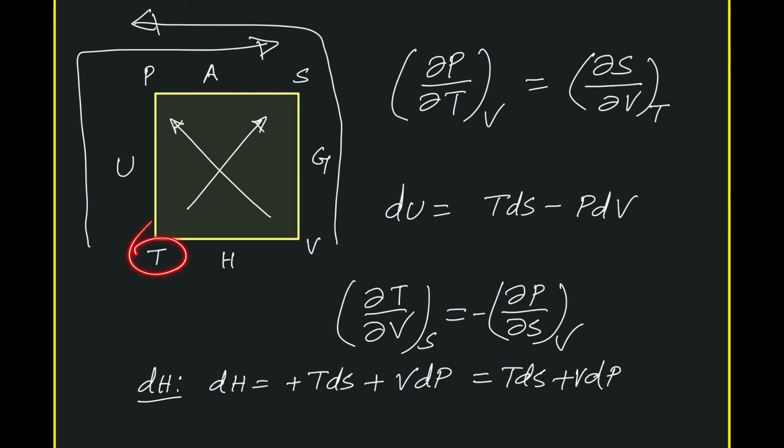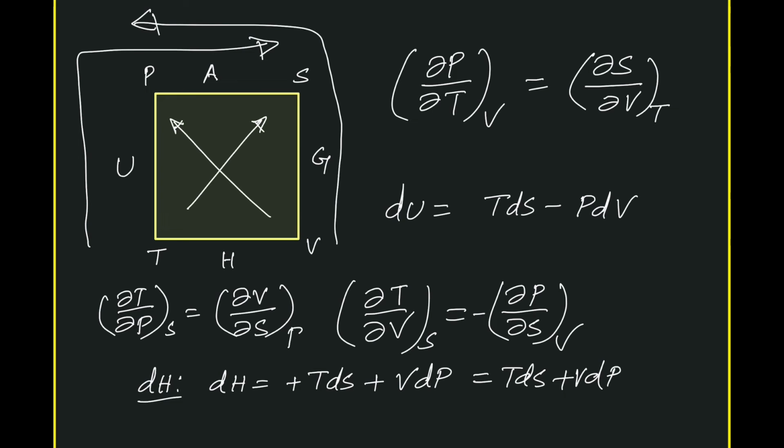So ∂t/∂p at s equal to ∂v/∂s at p. Simply we are connecting the two verticals.